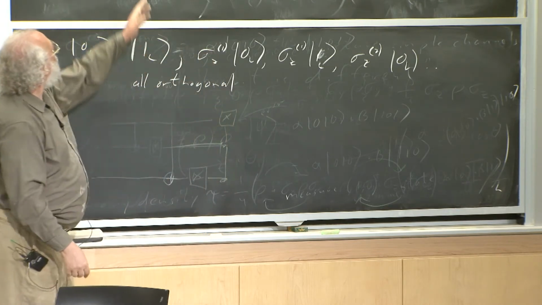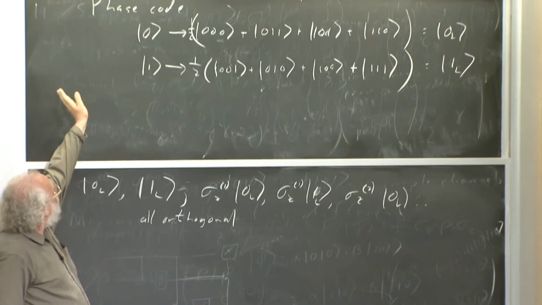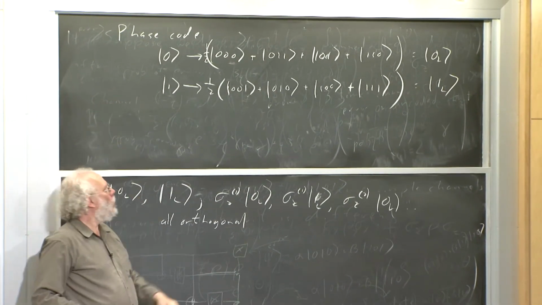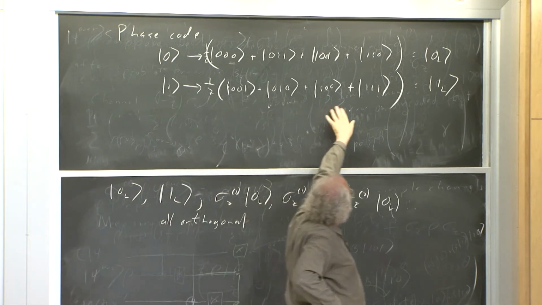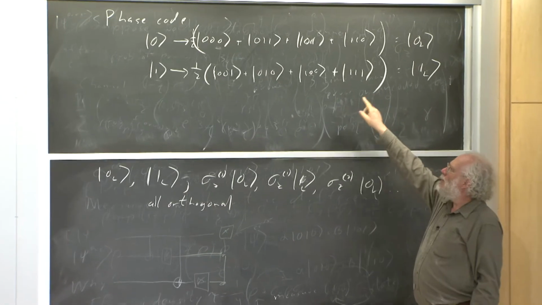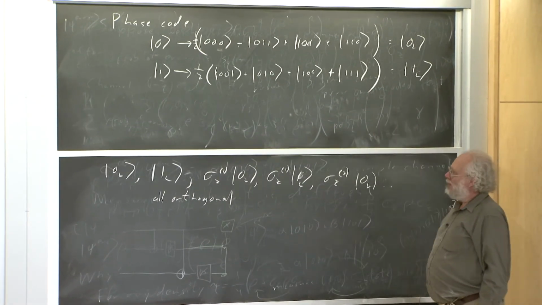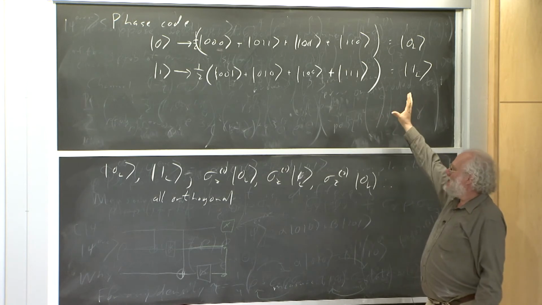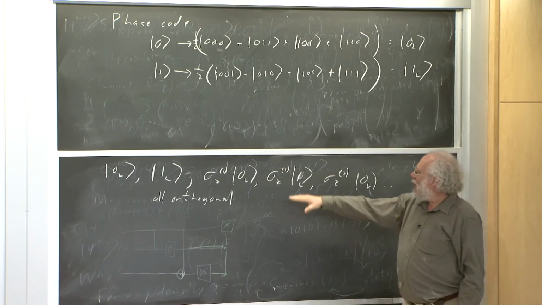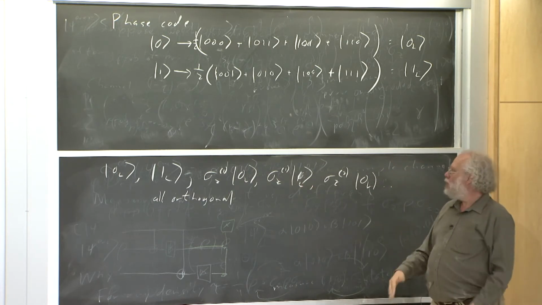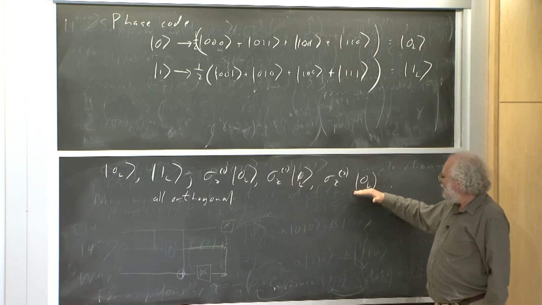Well, we can see that up here. First, clearly 0 and 1 are orthogonal because none of the basis states in the superposition of 1 appears in the superposition of 0. And when you apply a sigma z to any of the bits, this is still true. So any sigma z error on 1 is orthogonal to any sigma z error on 0.